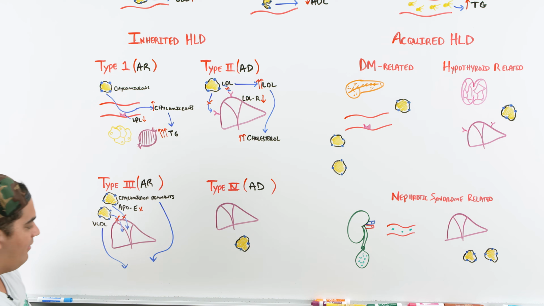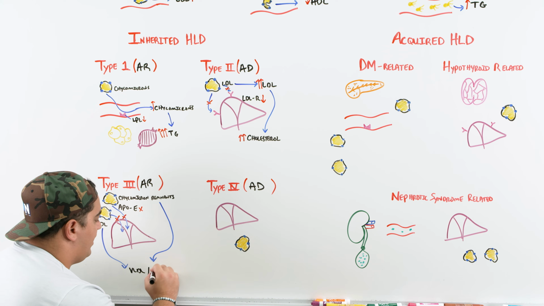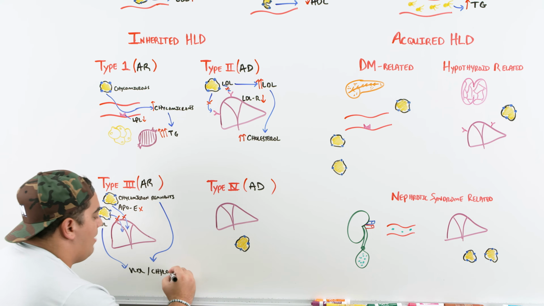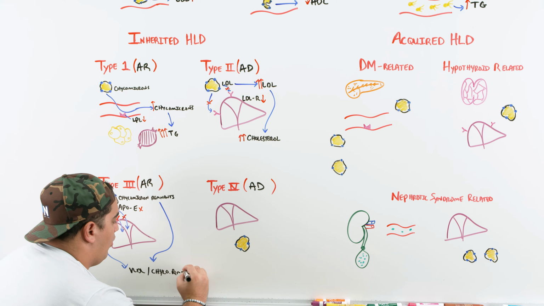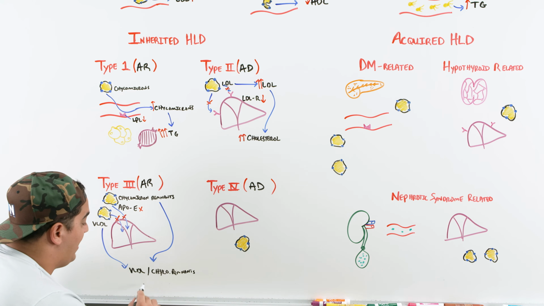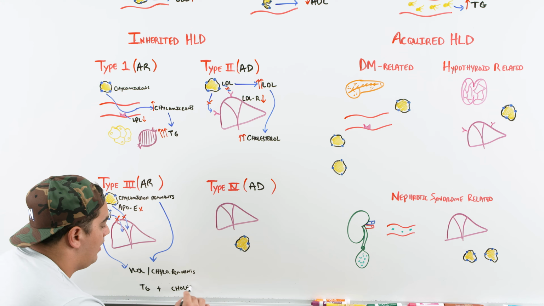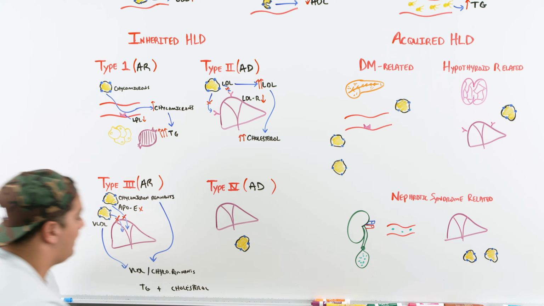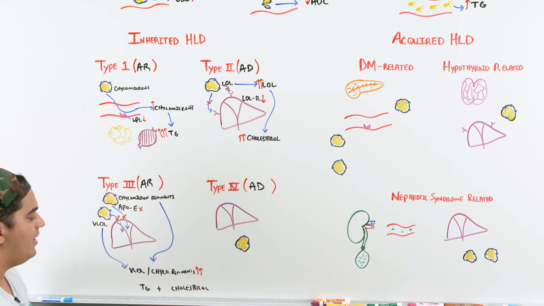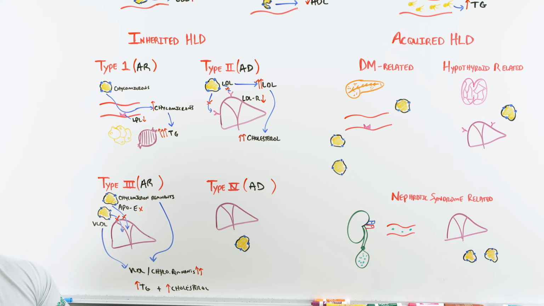And if you have lots of VLDL and lots of chylomicron remnants, these carry lots of cholesterol and lots of triglycerides. And so these patients develop very high triglyceride levels and very elevated cholesterol levels. And that's what you'll see as a result of this: they'll have lots of these VLDLs and chylomicron remnants, and subsequently lots of triglycerides and lots of cholesterol.